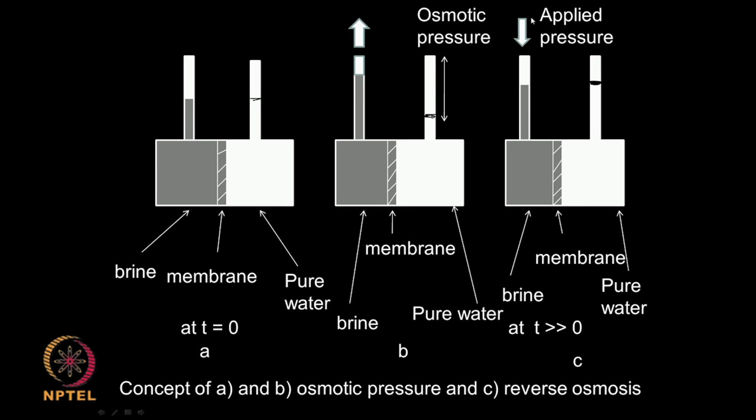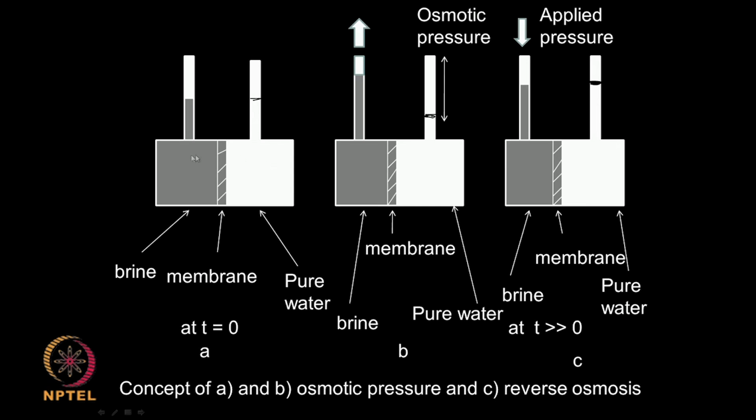Now, in order to overcome that, I need to apply certain pressure so that they both balance. That is called reverse osmosis. So, we have pure water on this side and salt solution on this side. Because there is a salt solution, the chemical potential is low. Because it is pure water, chemical potential is high.